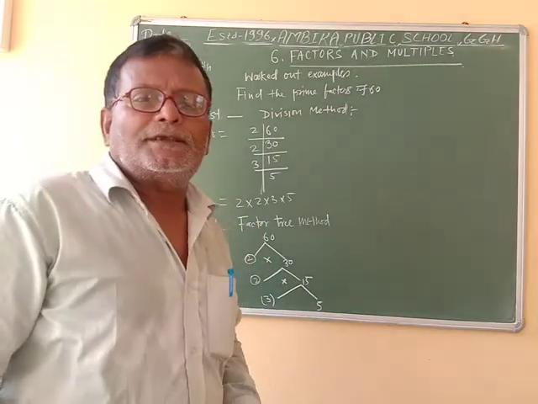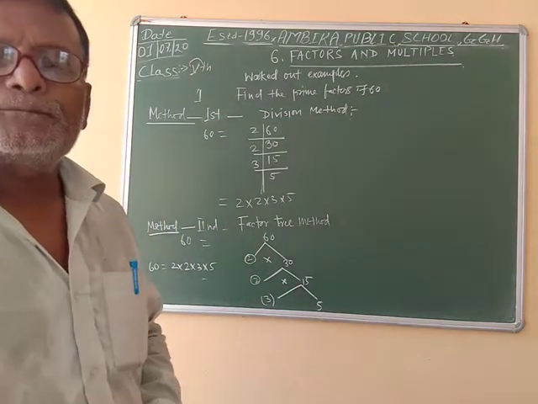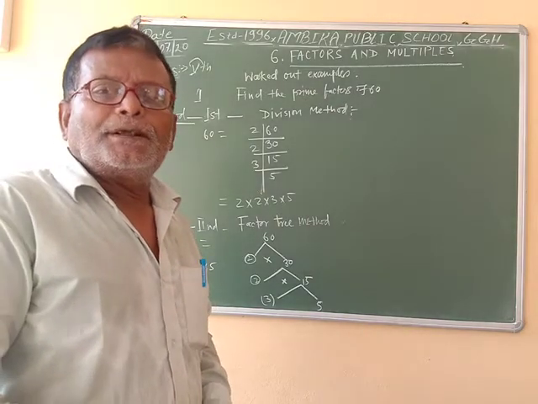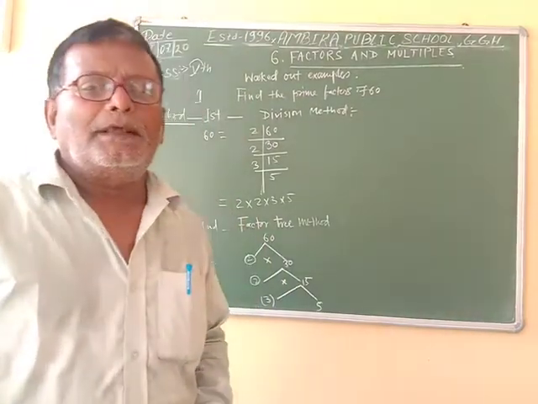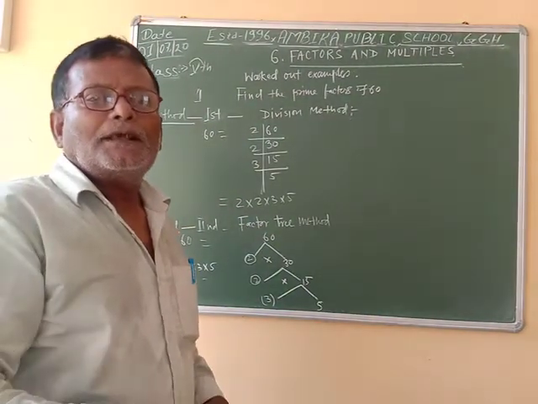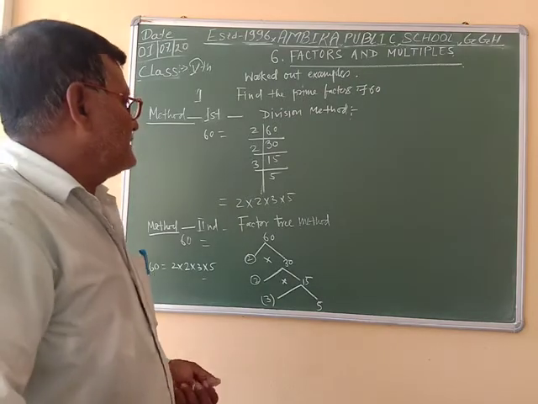Type 3 questions: problems based on the divisibility test of numbers by 2, 3, 4, 5, 6, 7, 8, 9, 12, 15. Use the following divisibility tests whichever is required.